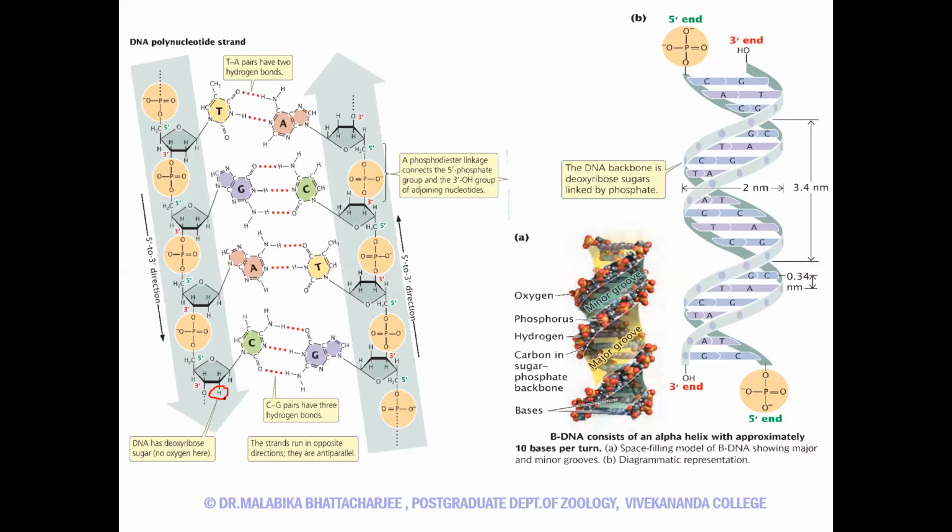Had it been a ribose sugar, there would have been an oxygen present there. Since this is a deoxyribose sugar, there is no oxygen present here. Hence it is a deoxyribonucleic acid.